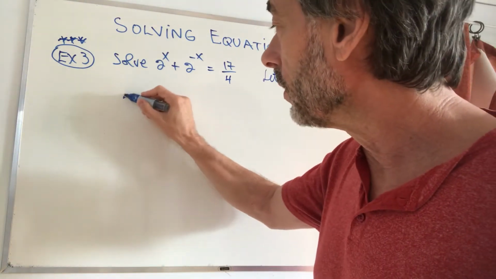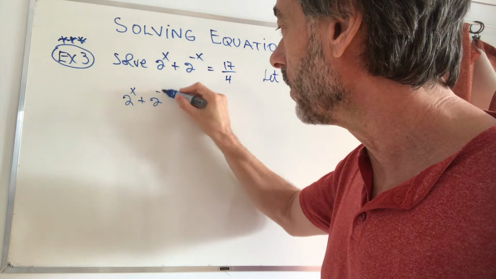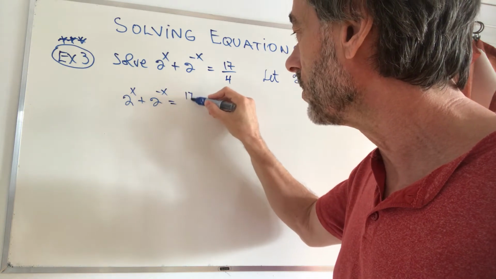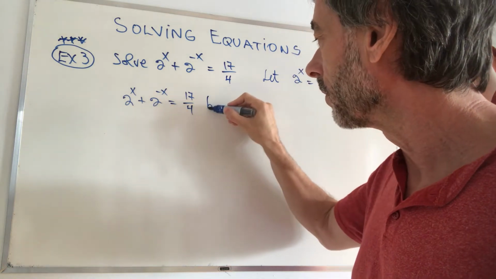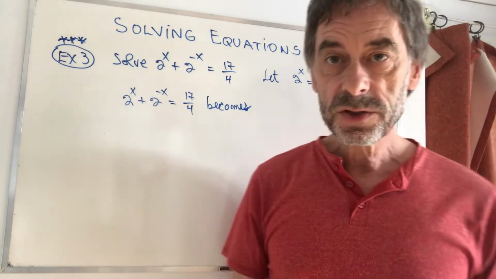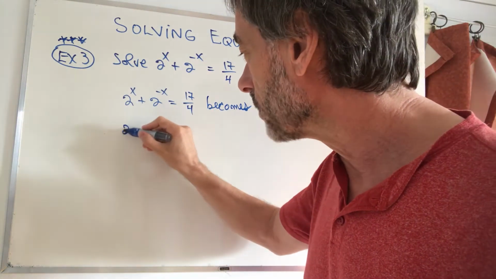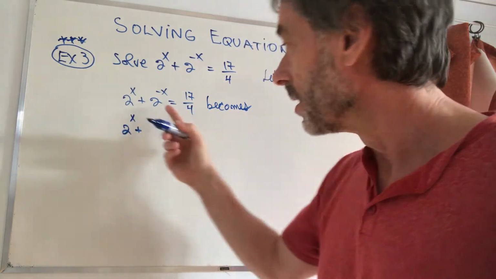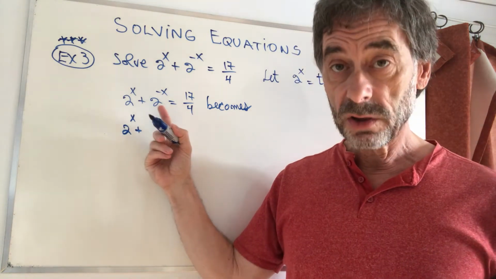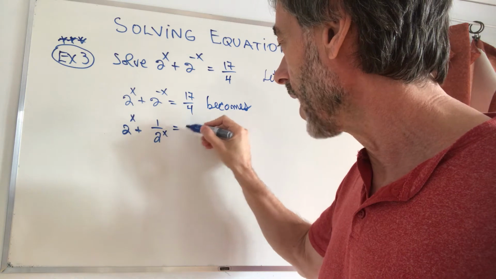So 2 to the x plus 2 to the minus x equals 17 over 4 becomes, if I replace 2 to the x by t, here's something I'd like to do before that. What's 2 to the minus x? Another way to write this is 1 over 2 to the x, yes?